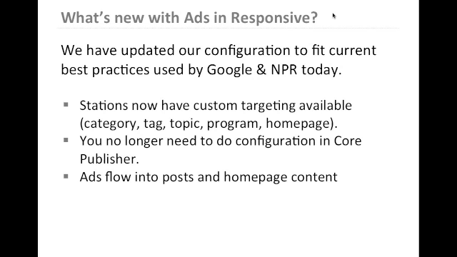You no longer need to do configuration in Core Publisher, as I just mentioned, and ads flow into your posts and your homepage content, which is a little different than what most stations are used to right now with the current themes that you have for Core Publisher. And we'll talk about how the ads work and how they look on your page in our training next week, so make sure you sign up for that.